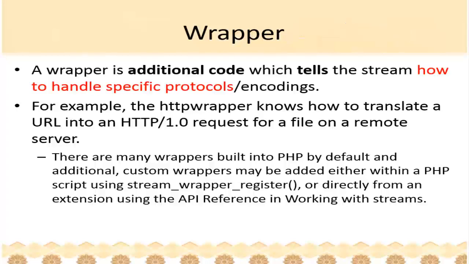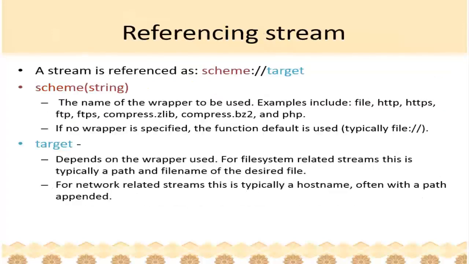By default, PHP has many wrappers which are already built into it. If the wrappers are not there, you can either create your own wrapper, or you can get a third-party wrapper and register it with PHP, and PHP will be happy to use that.